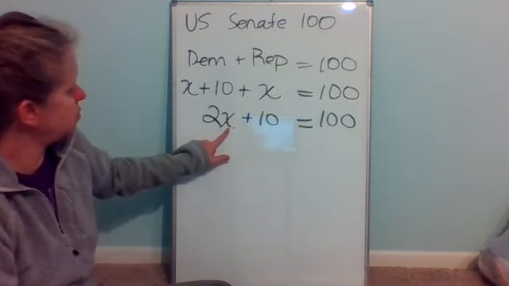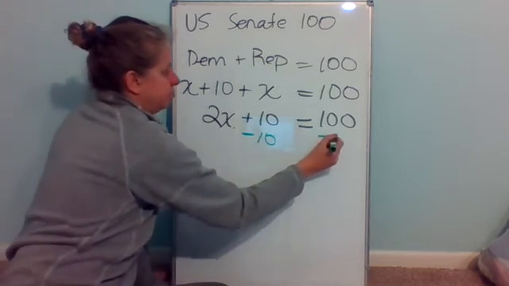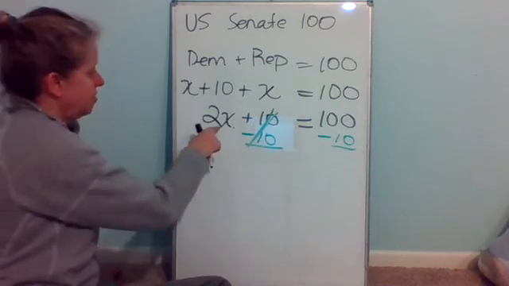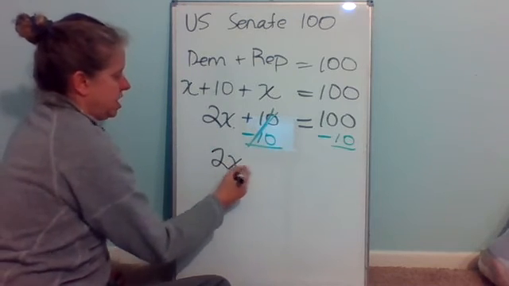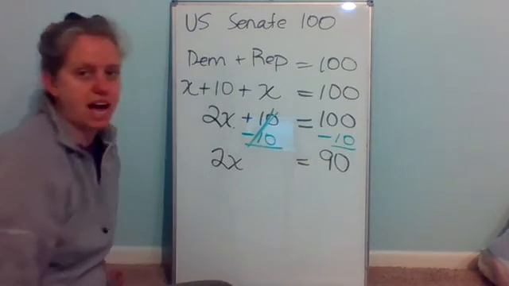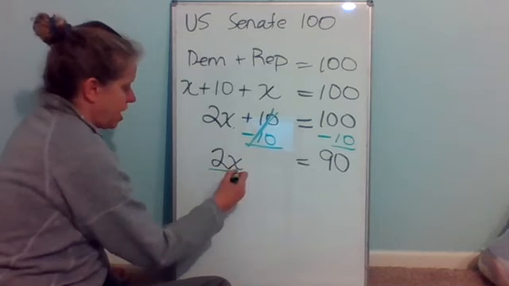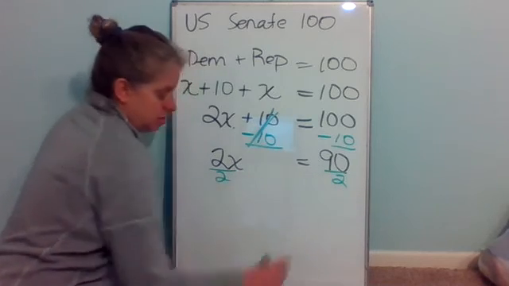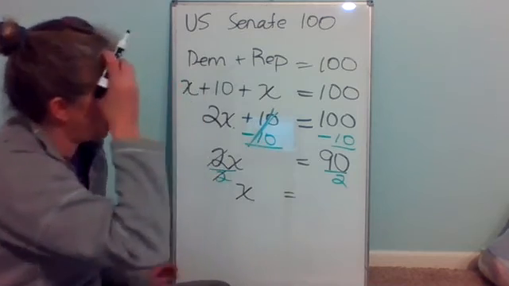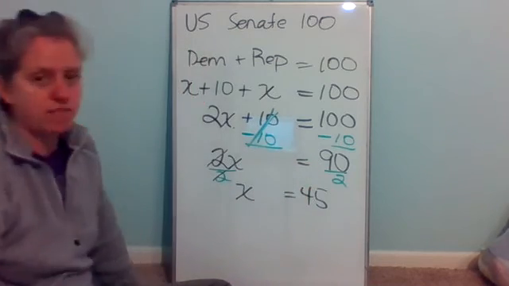So if I'm getting this x by itself, I need to get rid of that plus 10 with a minus 10. So now I have 2x equals 100 minus 10, which gives me 90. Solving for x, I just need to divide by 2. So all I have left here is x equals, on the right, 90 divided by 2 gives me 45.